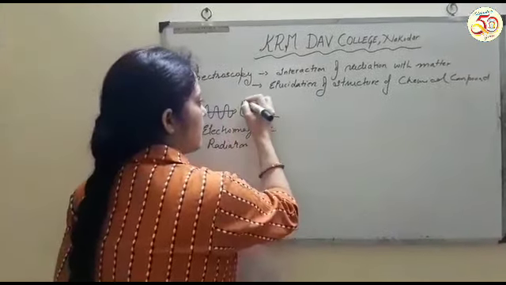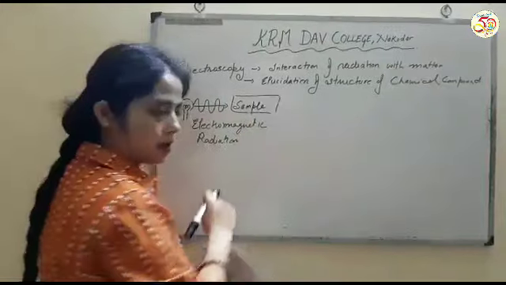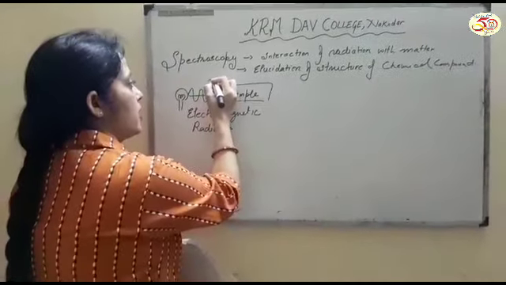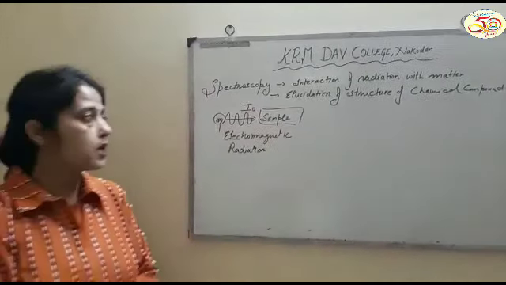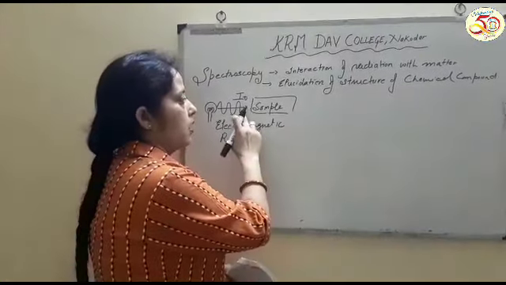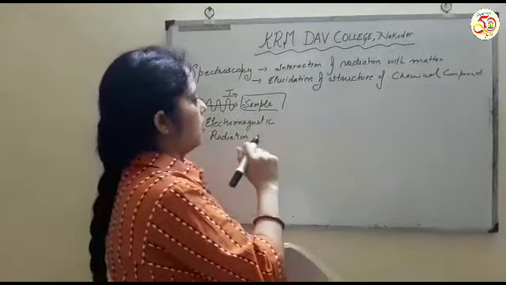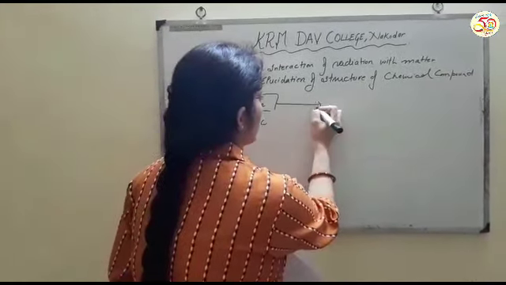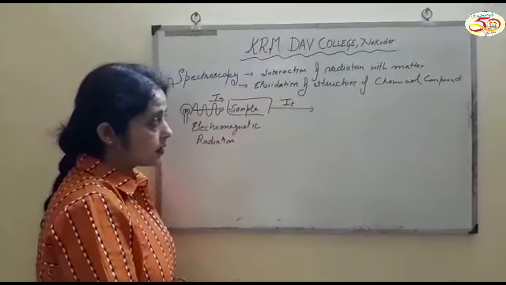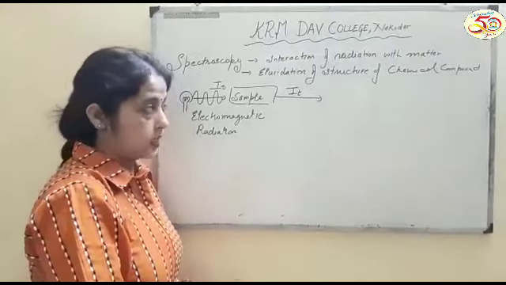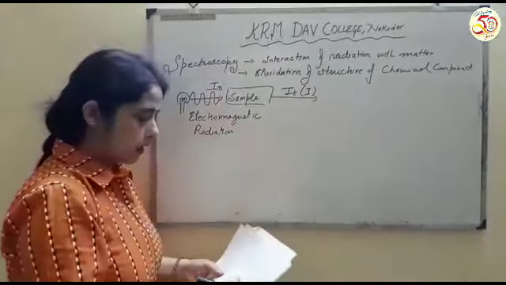When it strikes our sample of chemical compound, if we use electromagnetic radiation of intensity I0, when it passes through the sample, a part of the radiation is absorbed and the rest of the radiation is transmitted. Let the transmitted radiation have the intensity IT. Some books use the simple symbol I, that doesn't matter.